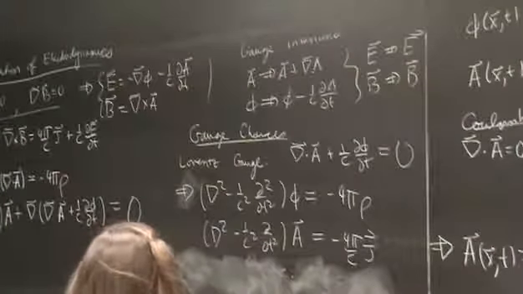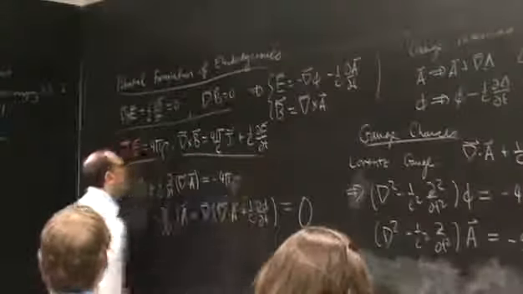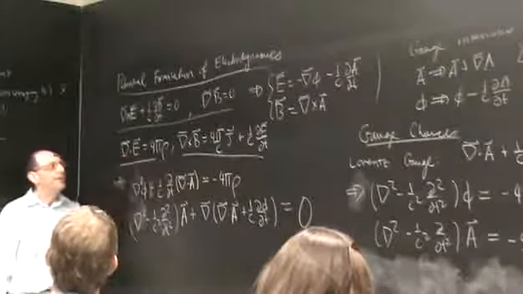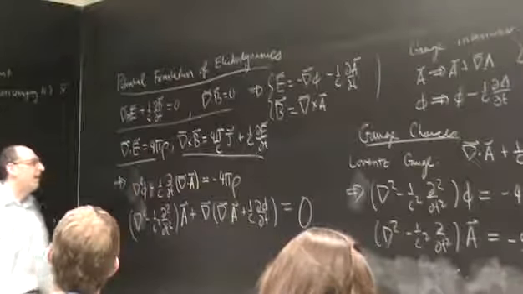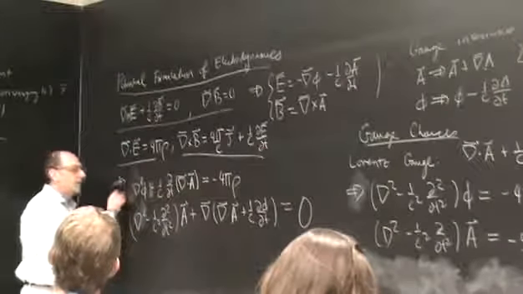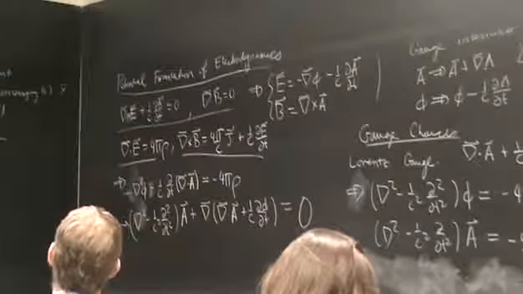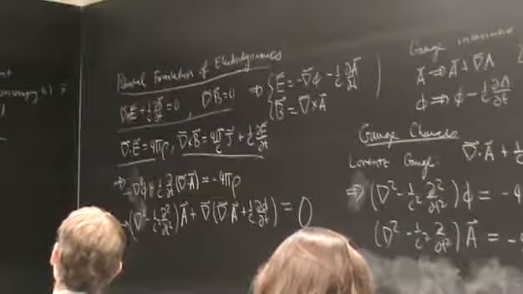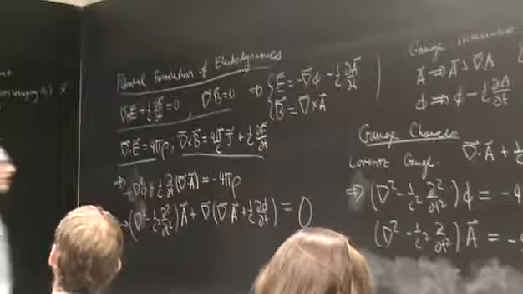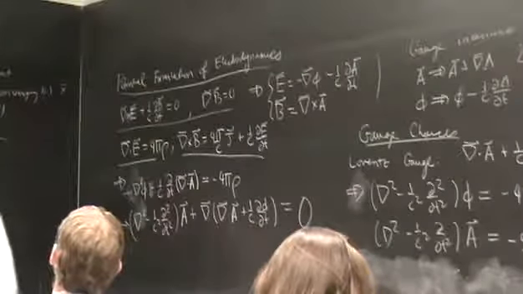So when we take these potentials and plug them into the source equations, Ampere's law and Gauss's law, we find these equations of motion for the potentials. They can be written different ways depending on our choice of gauge.